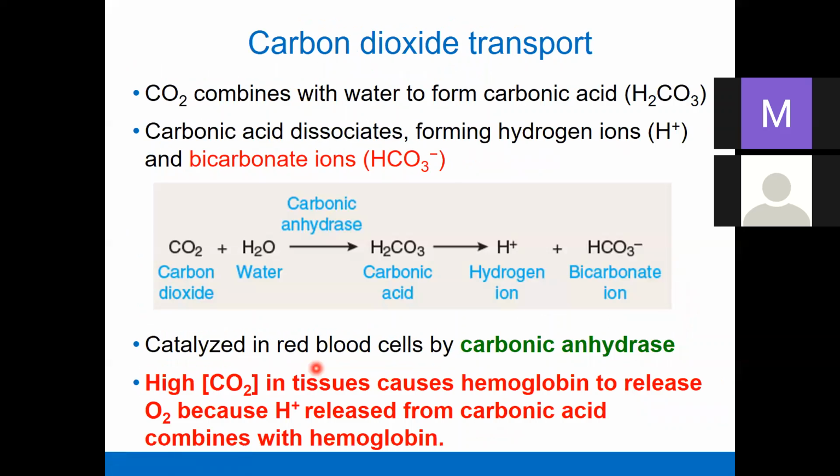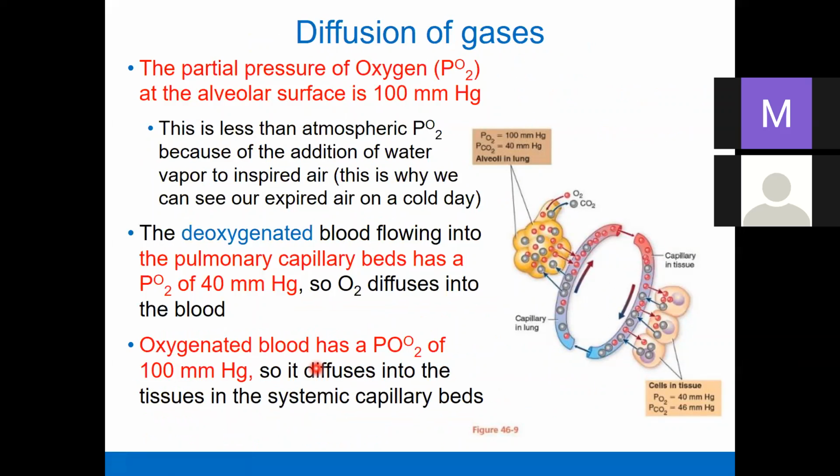What happens with carbon dioxide? We may see it later. As you see, the pressure of carbon dioxide is higher in the capillary vessels than in the alveoli and outside of the lungs.